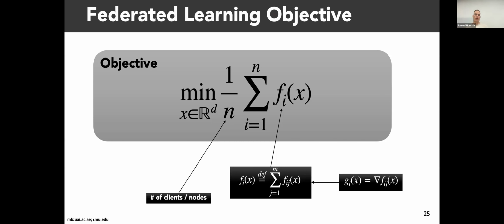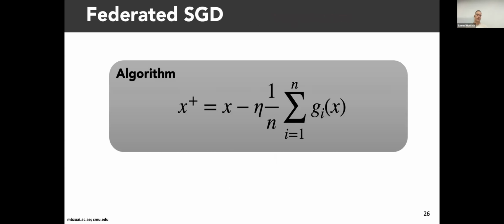We assume that we have access to the stochastic gradient, which might be, let's say, the gradient with respect to single local data points of a given client. Here x is the model parameters that we're trying to find. The very basic algorithm to solve such a problem is what's called federated SGD.